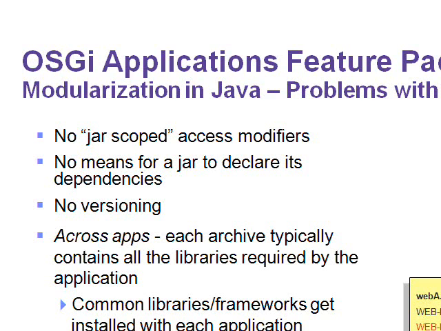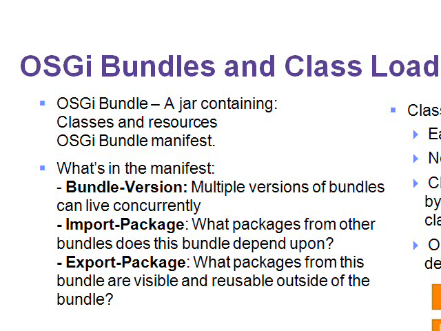So in order to overcome all these problems we are seeing with the traditional way of bundleizing and modularizing, OSGi comes into the picture. If you go to slide 37, OSGi defines itself as a dynamic module system for Java. It introduces the concept of a bundle. A bundle is nothing but a jar with a specific manifest, the bundle manifest, which has a bundle version, import package, export package.